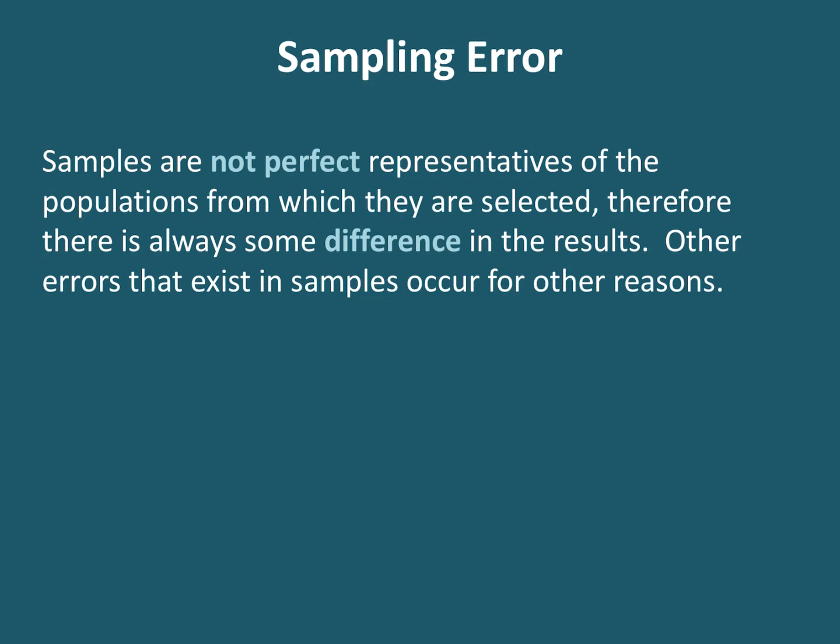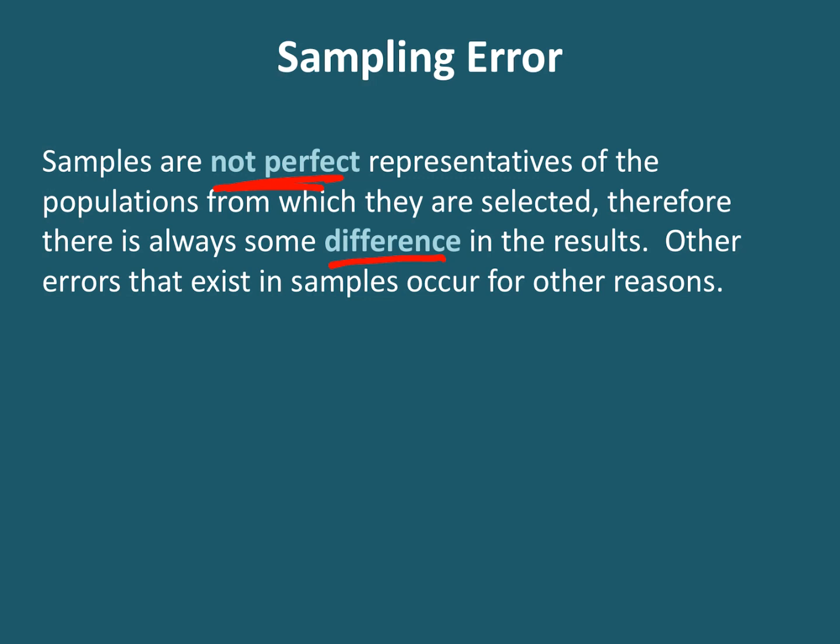So samples are not perfect in most cases. They're not perfect representatives of the populations from which they're selected. Therefore, there's always some sort of difference in the results. Again, the politician's poll numbers versus the politician's actual receiving of the actual votes.